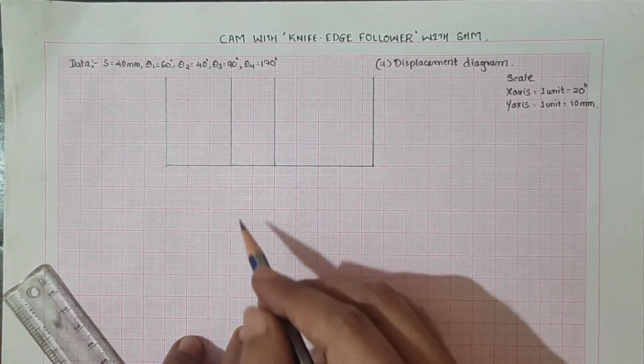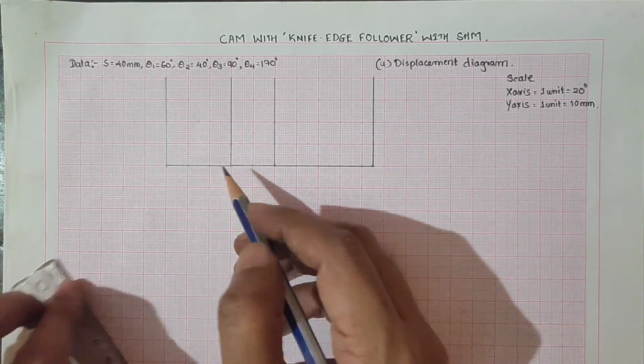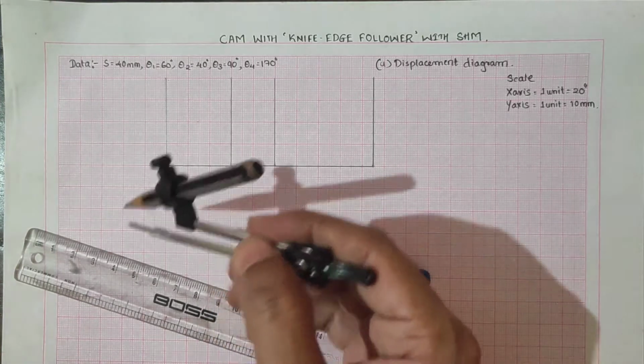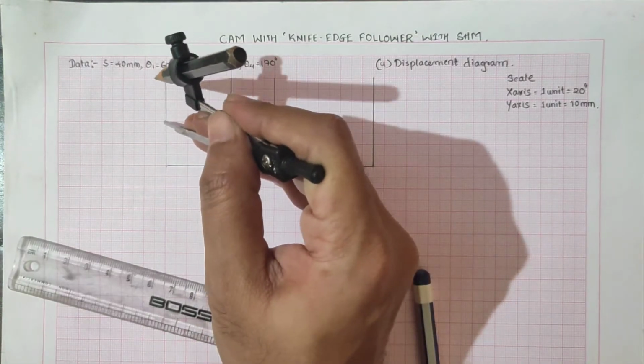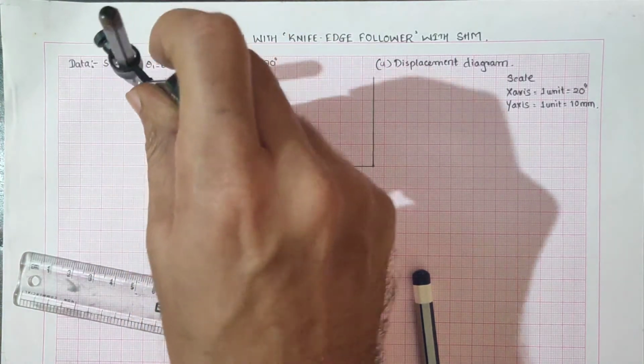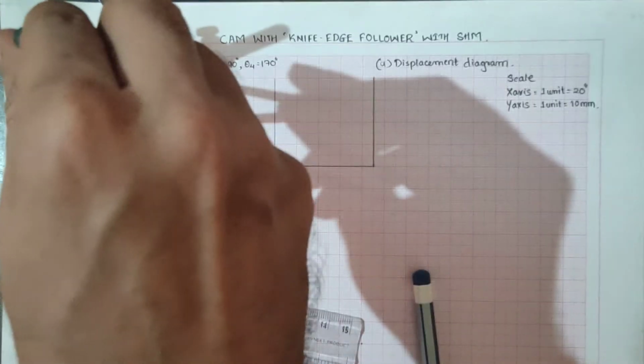Okay. Next, here we have been told it is SHM. So here we are going to divide this one into a sector like this, taking the half of the lift.